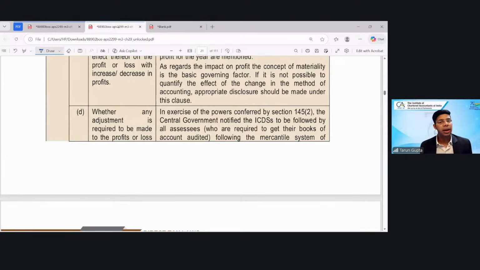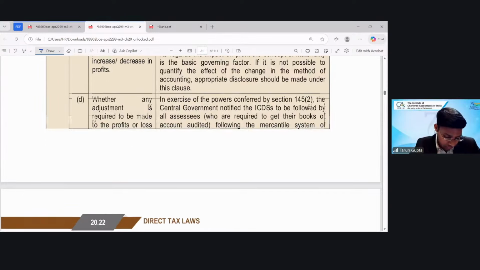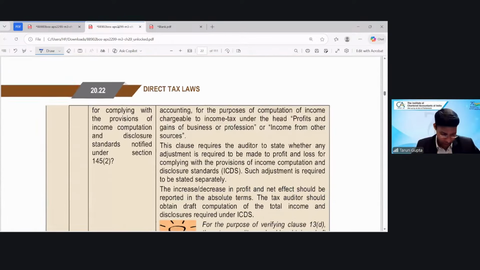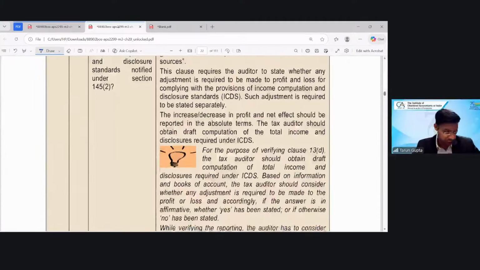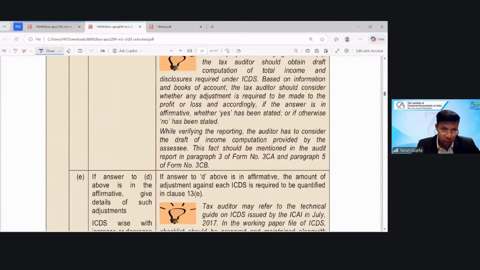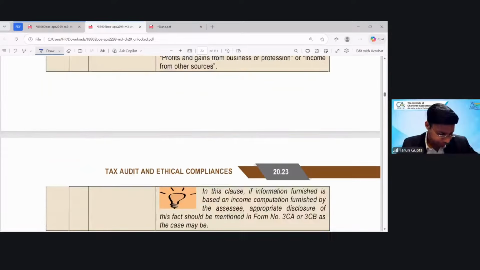If you see AS 2 and ICDS 2, AS 2 requires the valuation of stock at cost or NRV computed security-wise, while ICDS requires the valuation category-wise. So there may be a change in the valuation because of this, resulting in a change in profit. So you have to give this fact that there's a change in valuation and this is the change in profit due to this change. All disclosures as per the ICDS have to be stated.